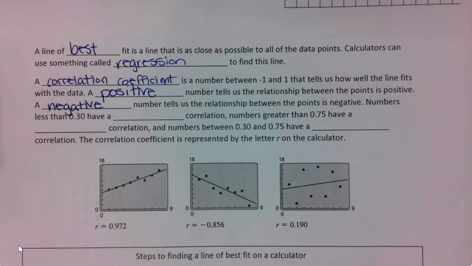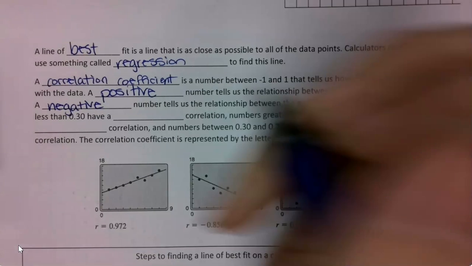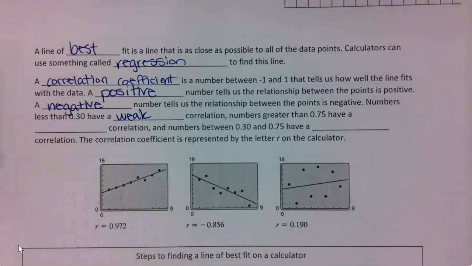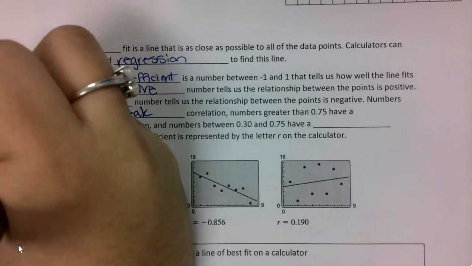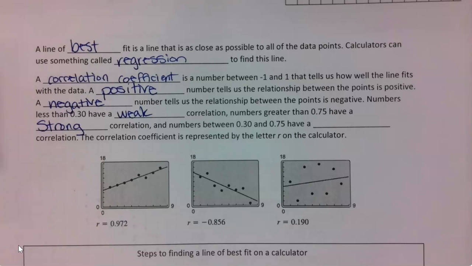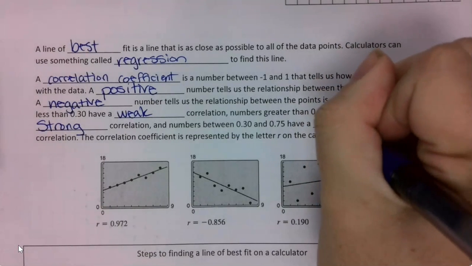So numbers less than 0.30 have a weak correlation. Numbers greater than 0.75 have a strong correlation, so that means they're really associated. And then numbers between 0.3 and 0.75 have a moderate correlation.